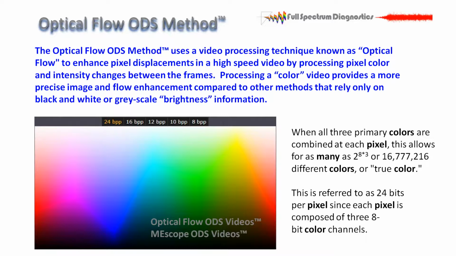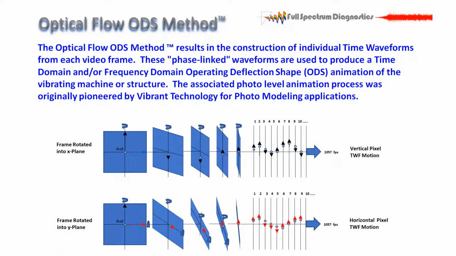My little colorful graph here is a 24-bit per pixel look at what the color representation is. Using color processing, we have about 16 million colors we can look at. If you're using only black and white or grayscale, you get 256. So there's a big difference in how you can process the individual pixels in the image, and the optical flow algorithm enhances that.